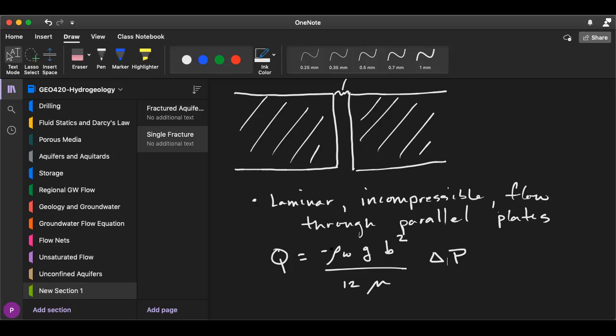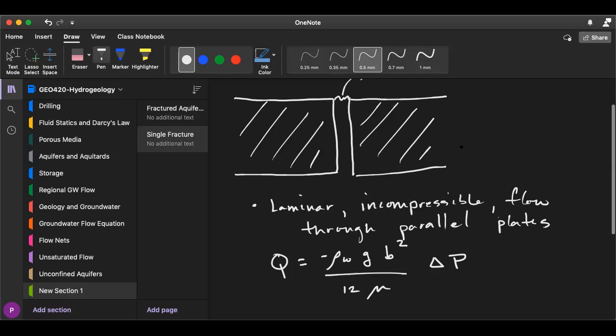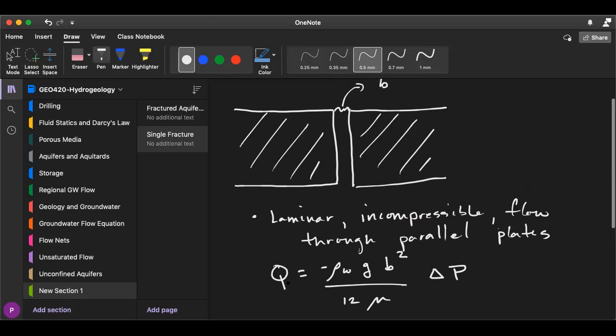It's just the vector. Okay, so this is flow through a single fracture or through parallel plates.